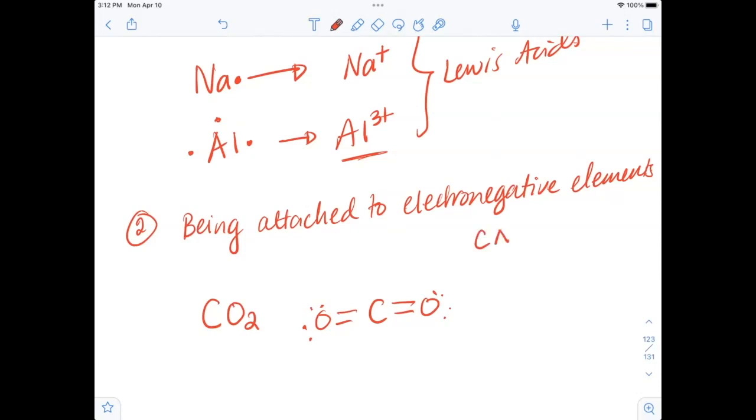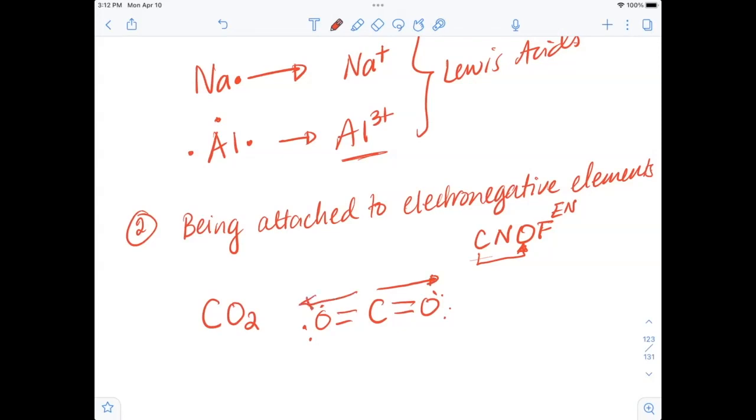But we know from period 2 in the periodic table that these groups here, while they follow the octet rule, fluorine is the most electronegative. That means when carbon and oxygen form a bond, oxygen will pull the shared electrons to itself. So between this carbon and that oxygen, the electrons are being pulled by the oxygen on either side.